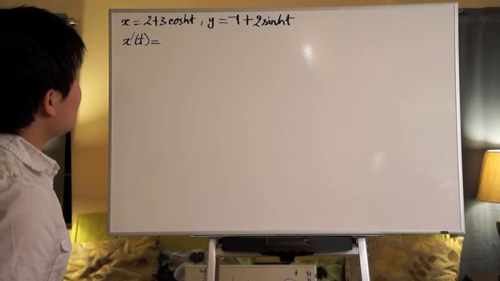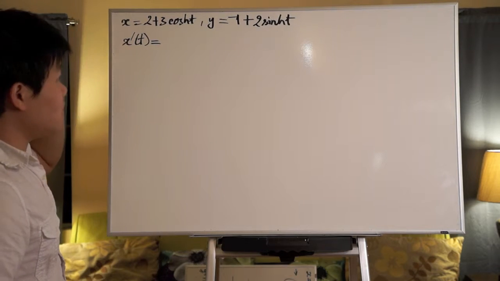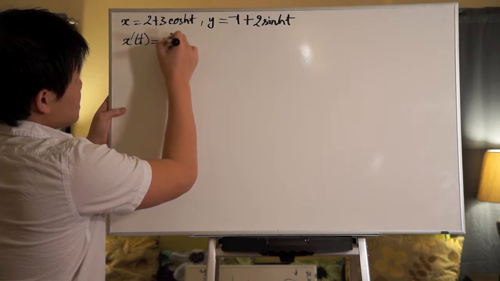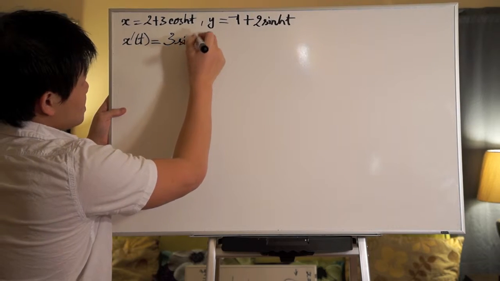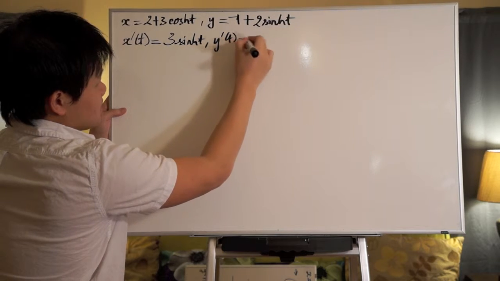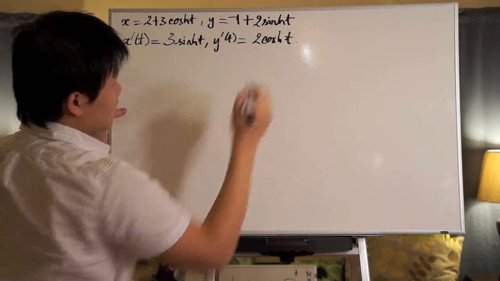So there we have it. That's why we use the derivative of each. So we know that x prime is just 3 sinh t, and the derivative of y is just 2 cosh t.